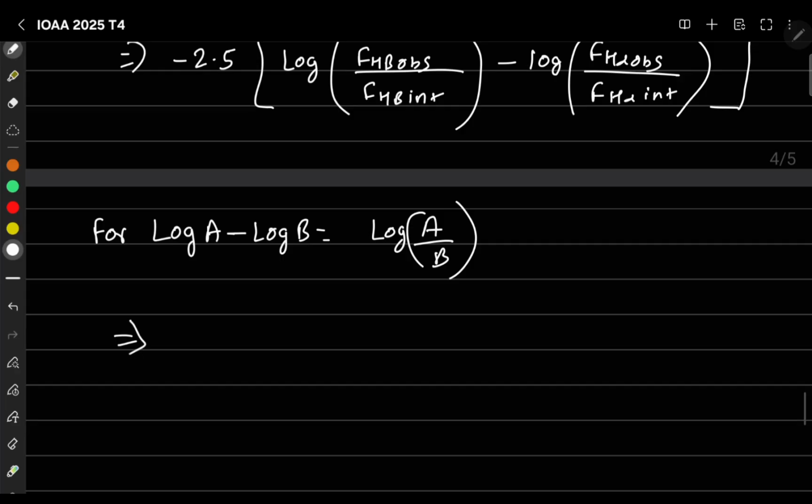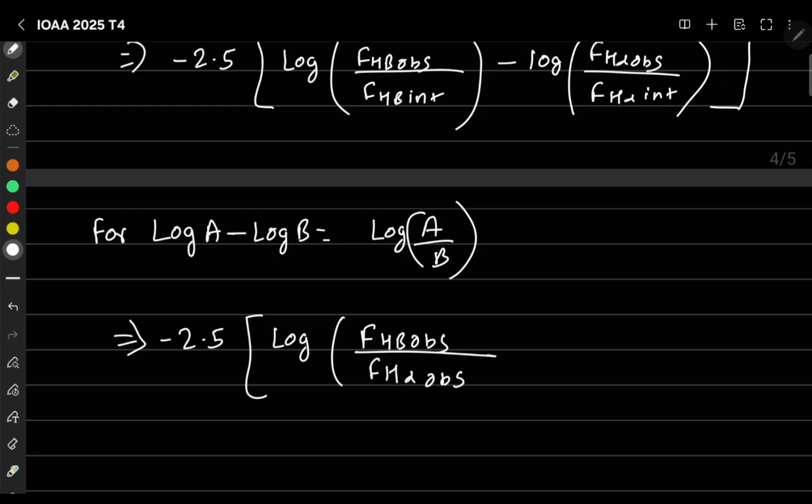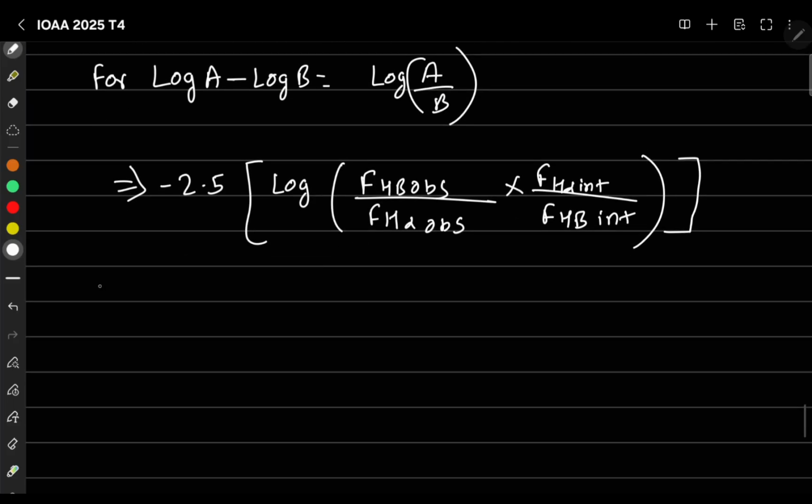So my above equation can be written as minus 2.5 log of F_Hβ observed times F_Hα intrinsic, divided by F_Hα observed times F_Hβ intrinsic, which is equal to this.